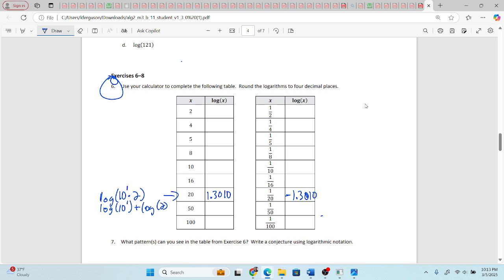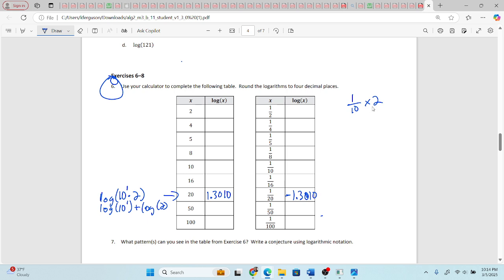What is that? Let's see, 1 over 10 times 2.